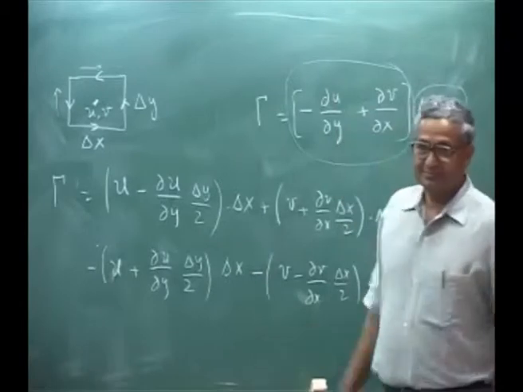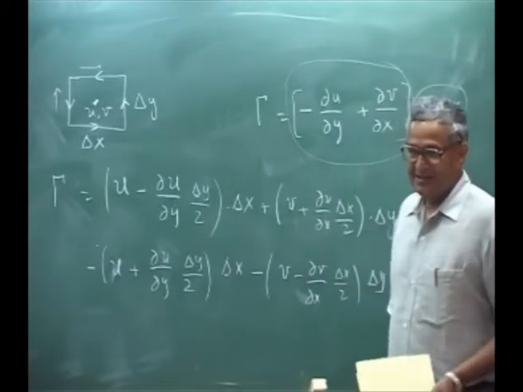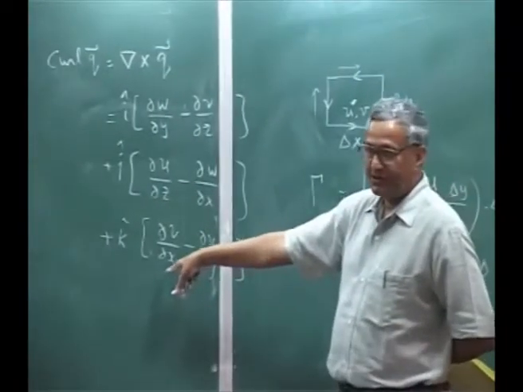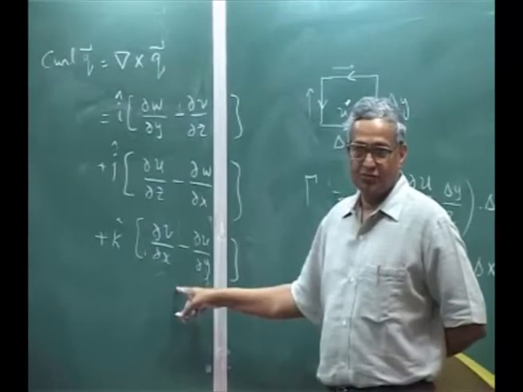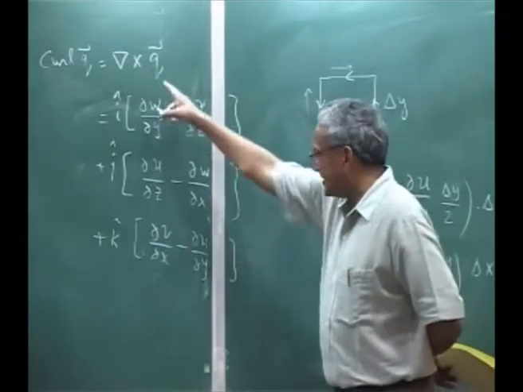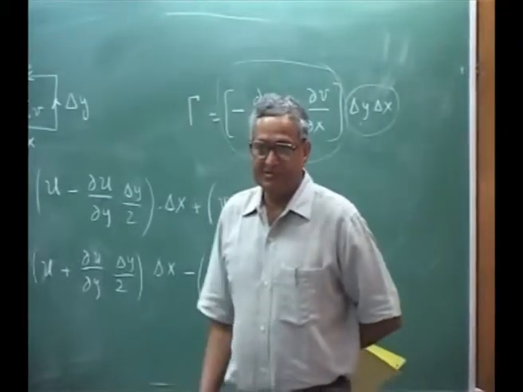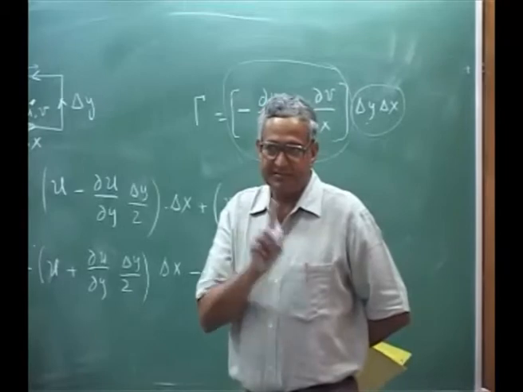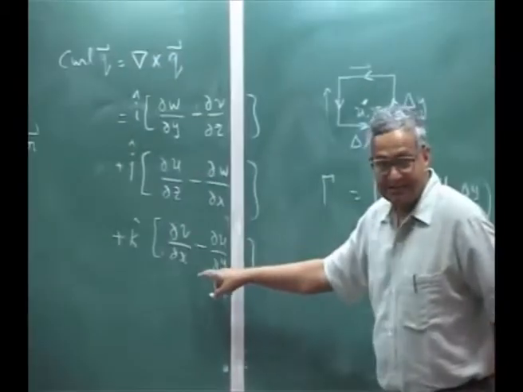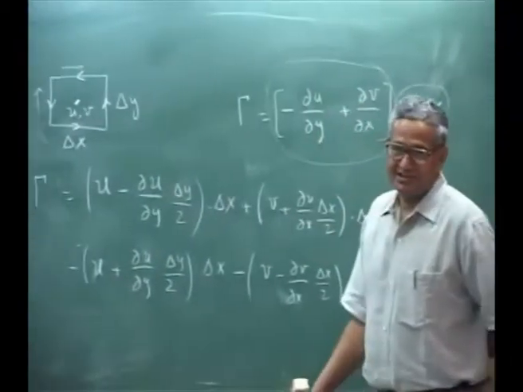normal to that is the z, which is nothing but the normal component of curl q. Normal component means you take the normal to that area. Whichever area you are looking at, take the normal, and that normal component of the curl is basically this circulation.